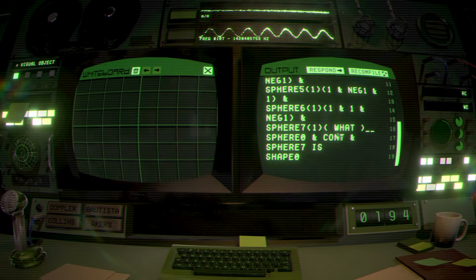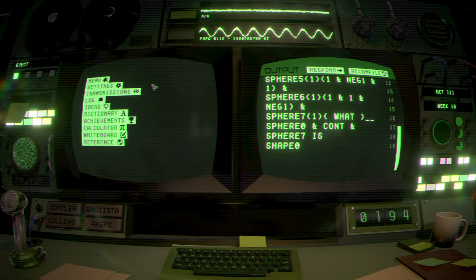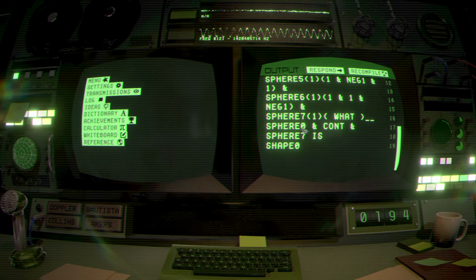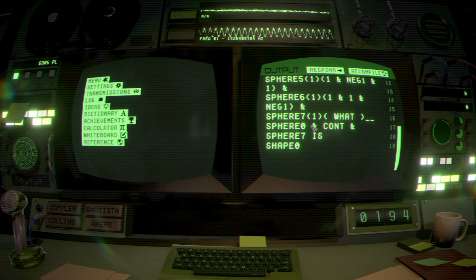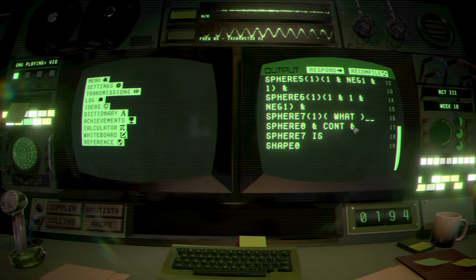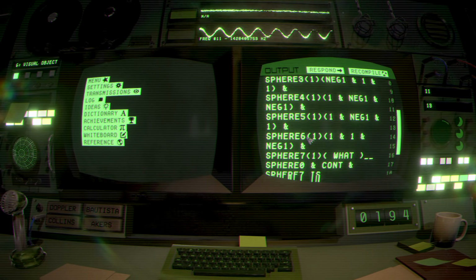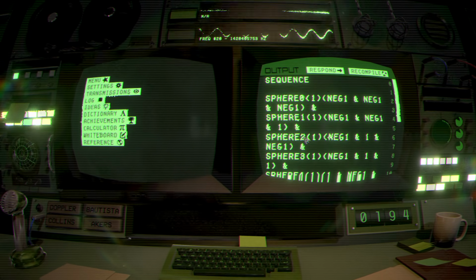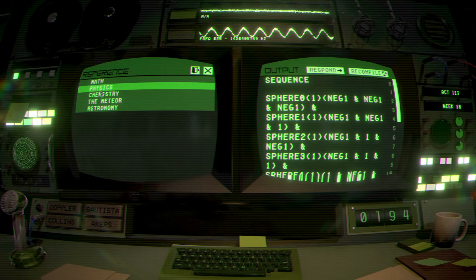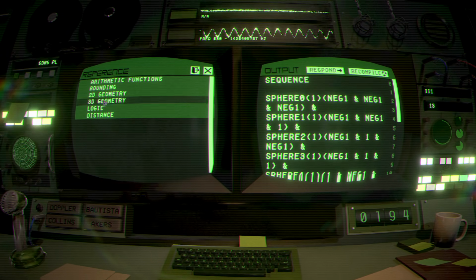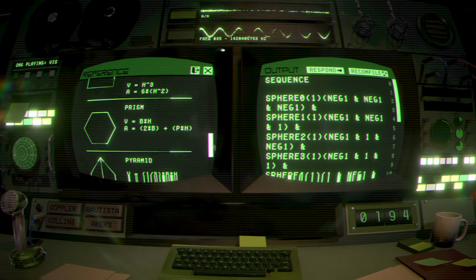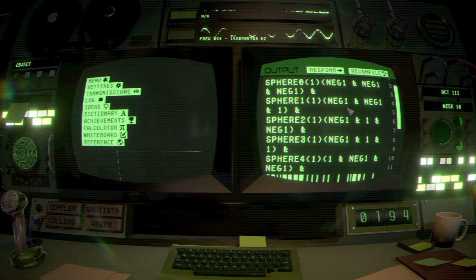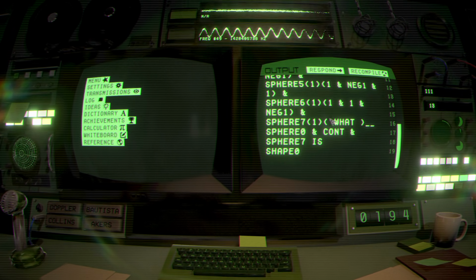Okay, so instantly let's think about this. Because they're saying sphere 0 through to sphere 7 is shape 0. What the heck is shape 0? We're talking about a cluster of spheres in a circle together. Don't know. That's interesting. I'll have to think about that.